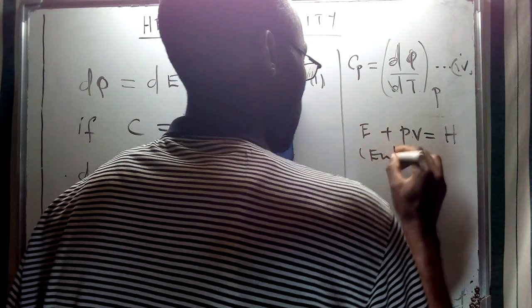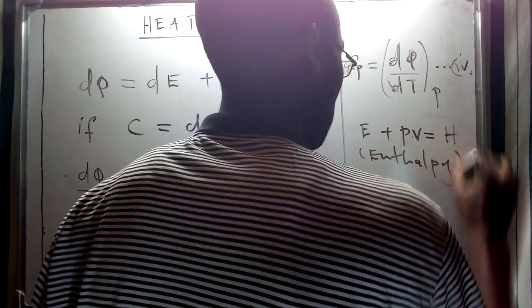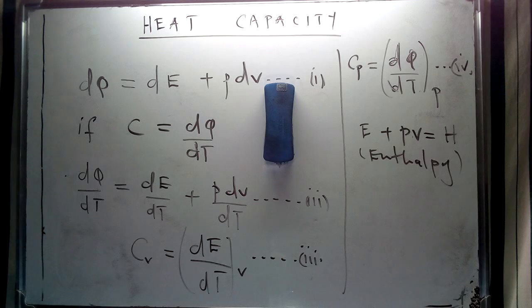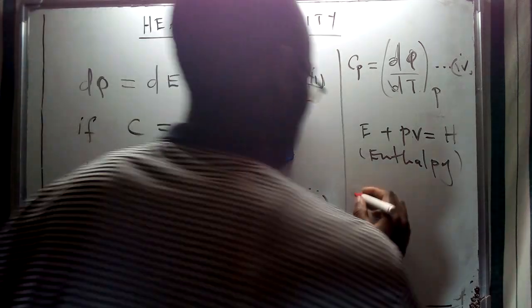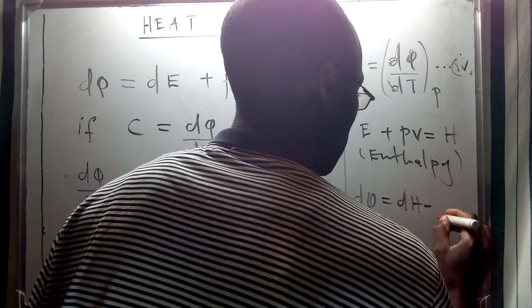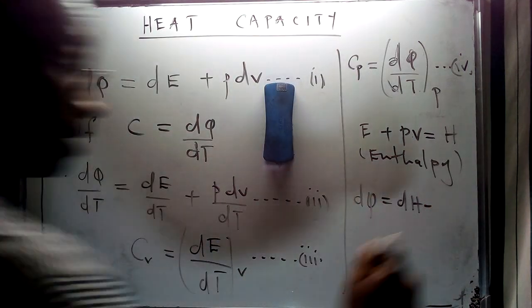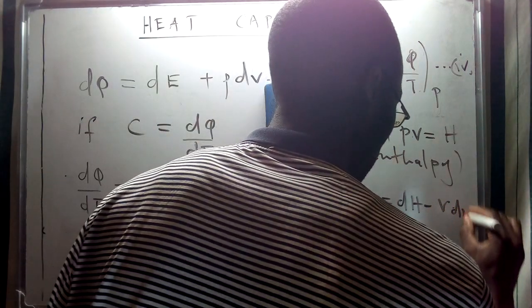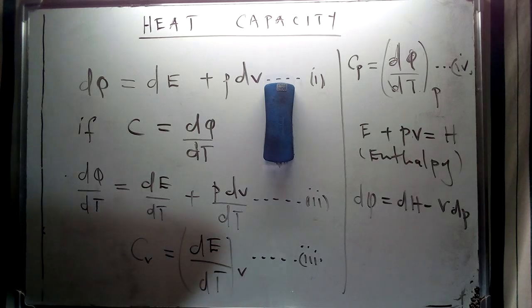Having looked at this relationship of constant temperature, pressure and volume, I can describe heat capacity in terms of that, whereby dq is equivalent to dH, which is the change in enthalpy, minus V dP, given as such.